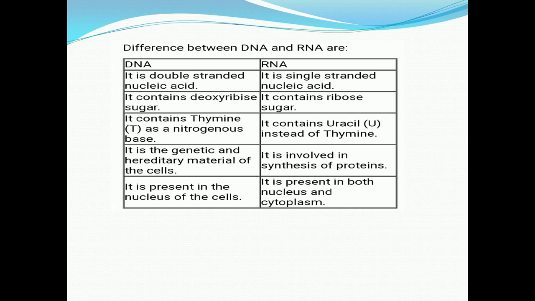The Watson and Crick structure of DNA gives a double helical structure, and the two nucleic acid strands are wound around each other and held together by hydrogen bonds between the pairs of bases.